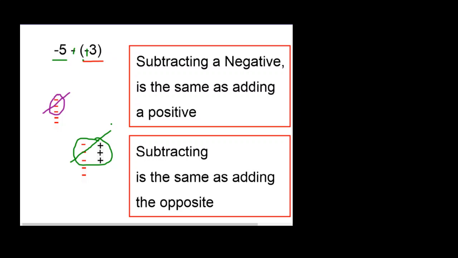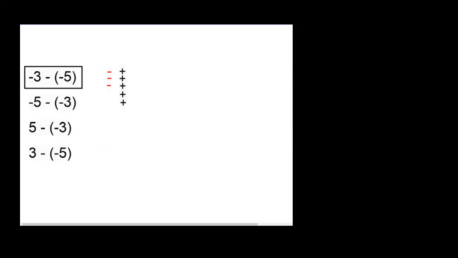So let's look at these 4 examples. If I've got negative 3 and I'm subtracting a negative 5, I'm just going to rewrite that as adding a positive 5. Subtracting a negative is the same as adding a positive. And if I combine negative 3 with positive 5, that's going to give me 2. These ones cancel out, and I'm left with 2 left over.